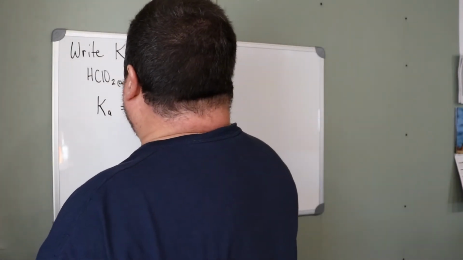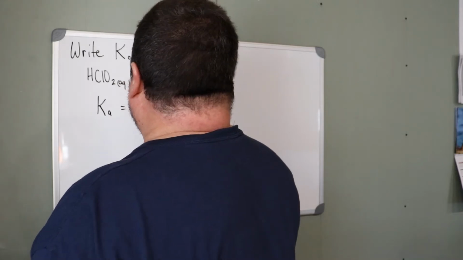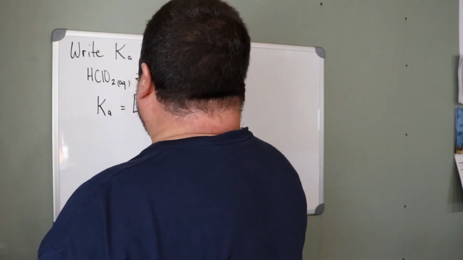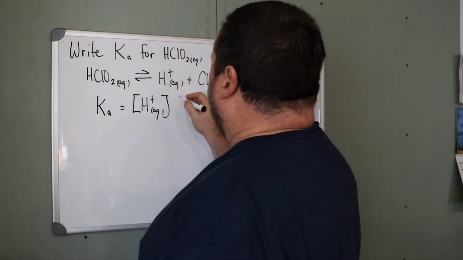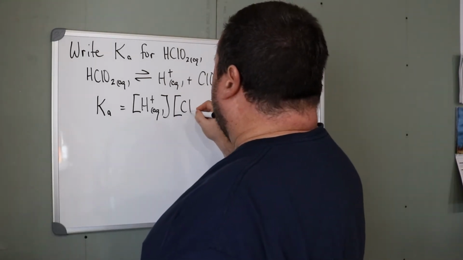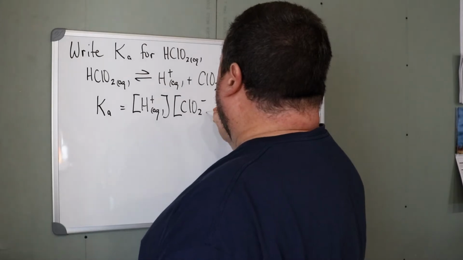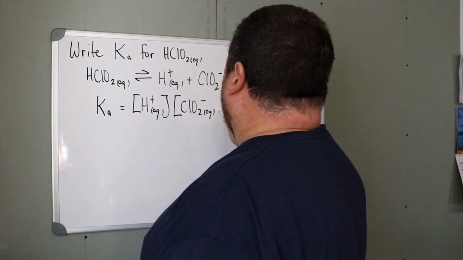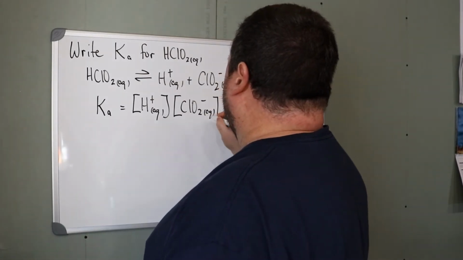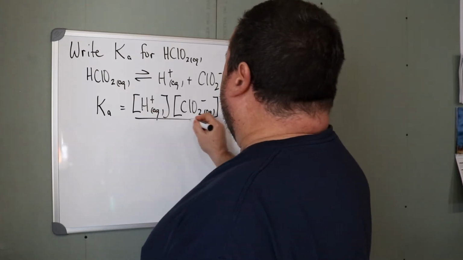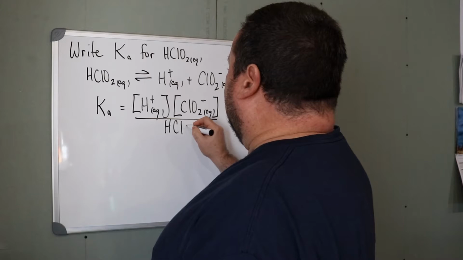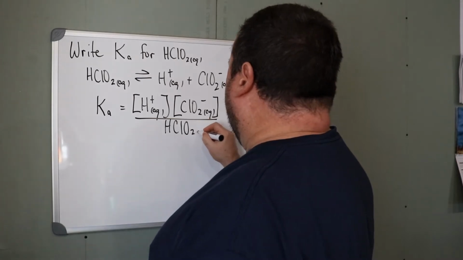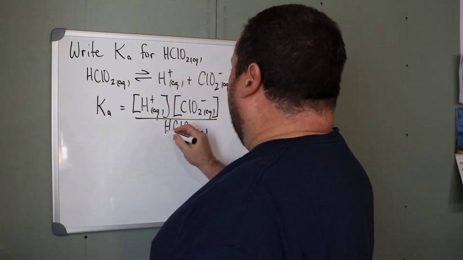So the concentration of the first ion raised to the power of its coefficient, which is 1, and I don't need to write it, multiplied by the concentration of ClO2 minus, and divided by the reactant concentration of HClO2 aqueous. From the left side, the unionized form.